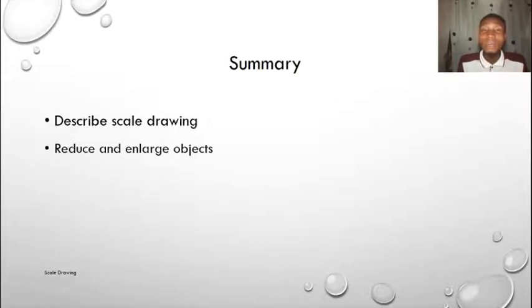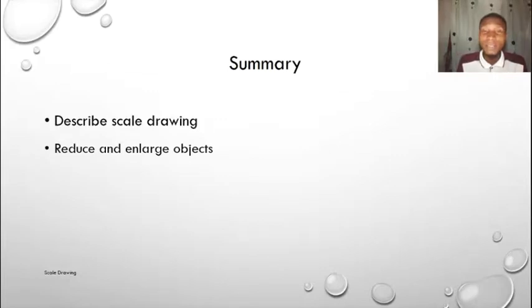So you divide the 100 by 10 to get 10, and divide the 50 by 10 to get 5. The dimension of the drawing is going to be 10 by 5 millimeters. So that's for the reduction.